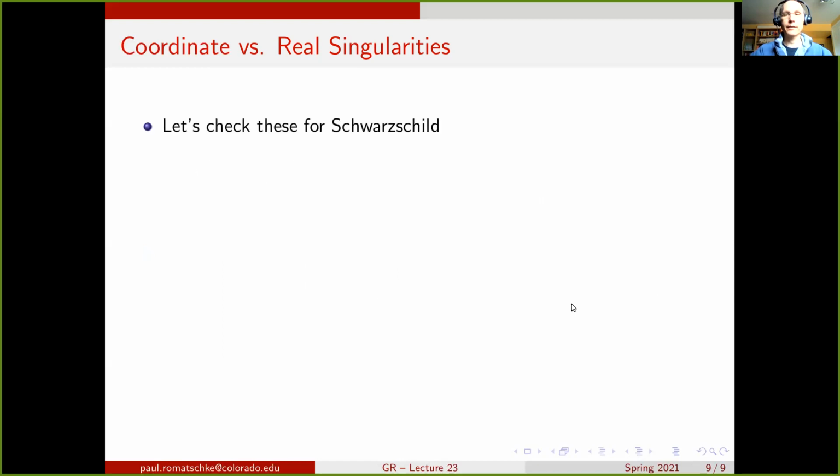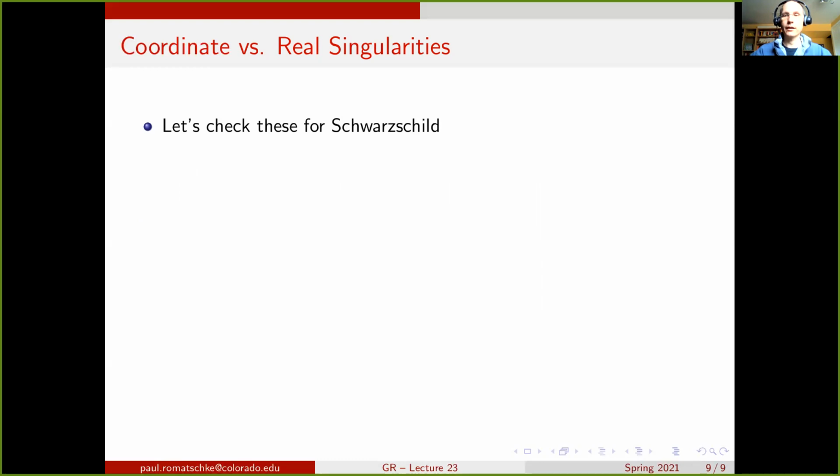So the point is that having these observables at our disposal, we can calculate them for any example where we have a metric tensor. And for the location of our coordinate singularities, or for the location of our singularities that we found, we can see what the values of these are.